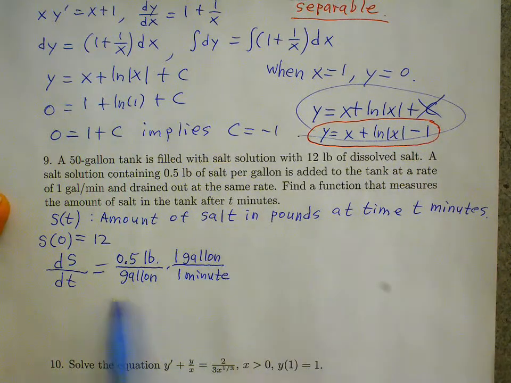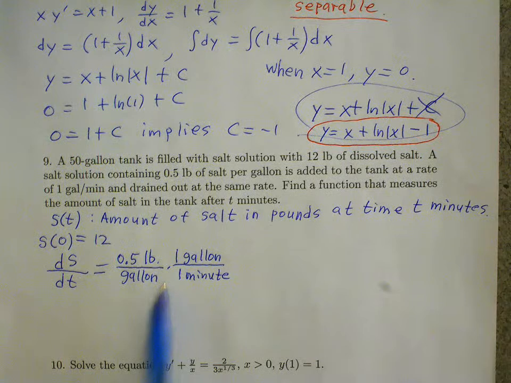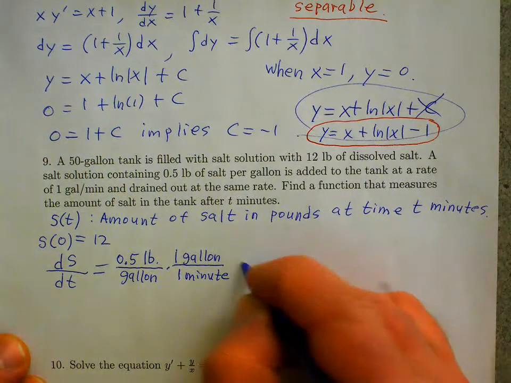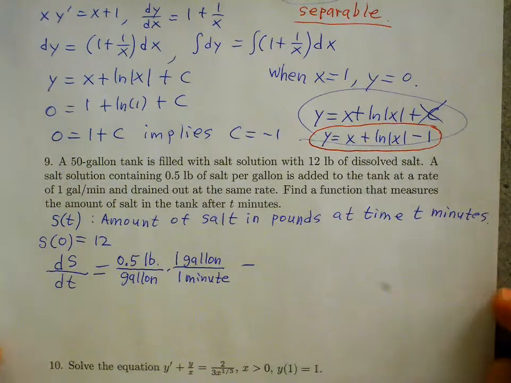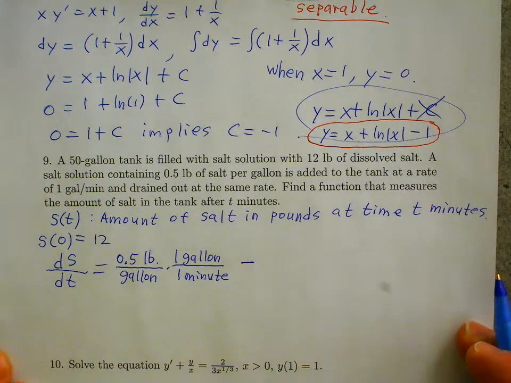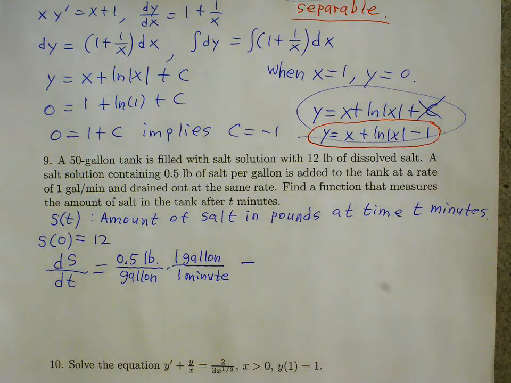So the gallons units cancels, so we interpret this as salt is being added to the tank at the rate of 1/2 of a pound per minute, right? And then the tank is also being drained at the same rate. So what should I subtract? So over 50 times 0.5.